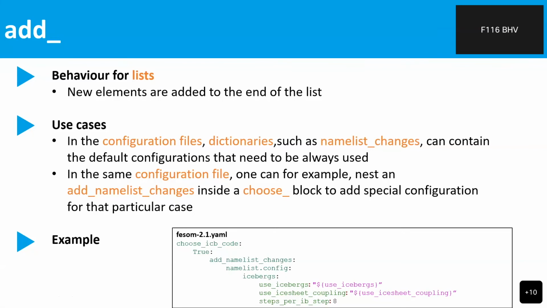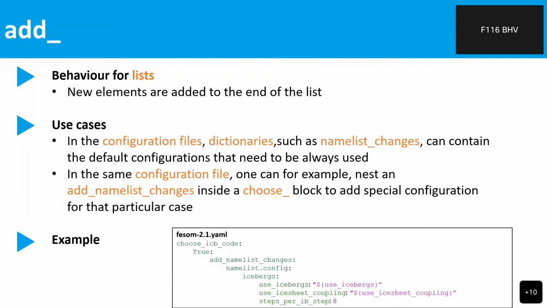So the question here is, I know that my model, for example, has some options to turn on icebergs, and I know that it's done with the name list. So what should I do?